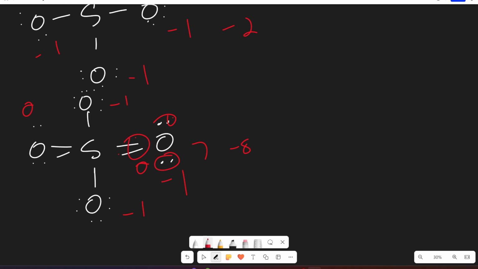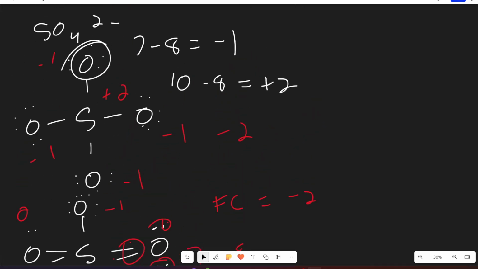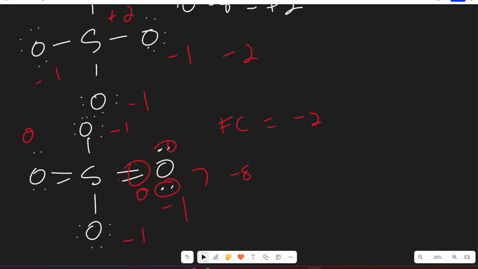So overall formal charge here is also -2, but we have more atoms here that are close to a formal charge of 0 than we do up here. So we therefore know that this is actually going to be the structure that is closer to the actual Lewis structure.